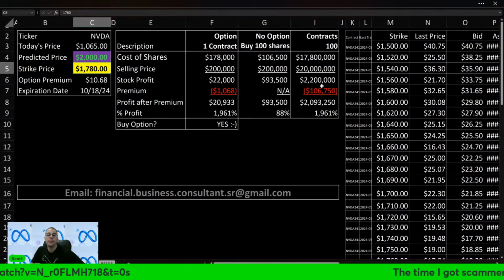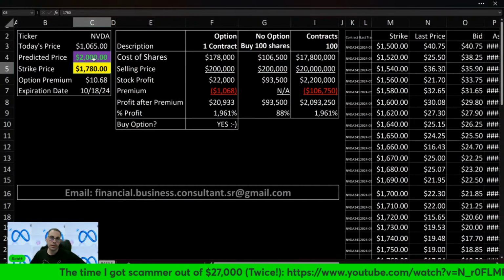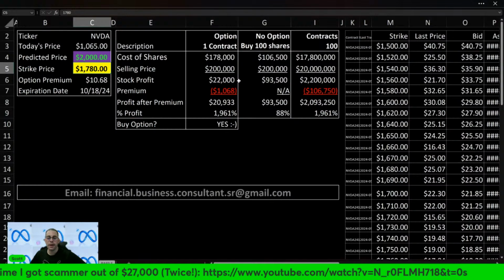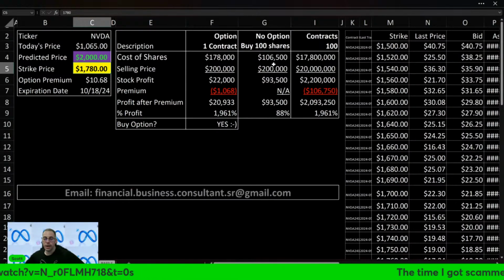See how high the premium is? It almost never makes it worth it. But if it hits $2,000, it doubles in price to a 5.5 trillion market cap. Then you make $2 million. Or you can just buy 100 shares and make $90,000.